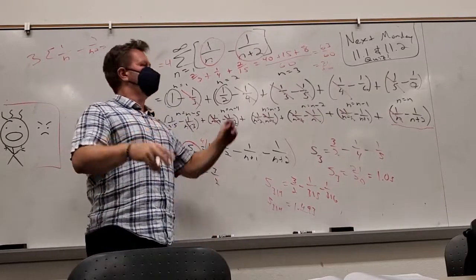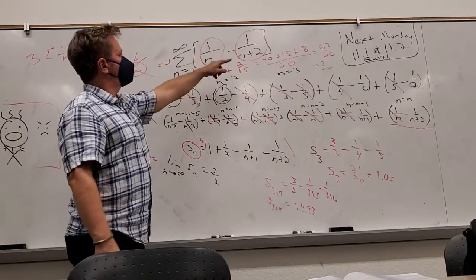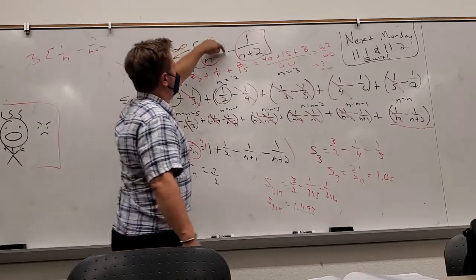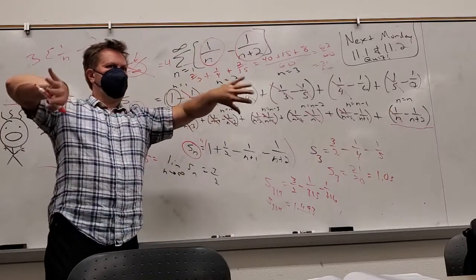So it could start as a single ratio, right? In fact, if you put those together, it's n plus 2 minus n over n times n plus 2, so it'll be 2 over n times n plus 2. You can do partial fractions and break it up.